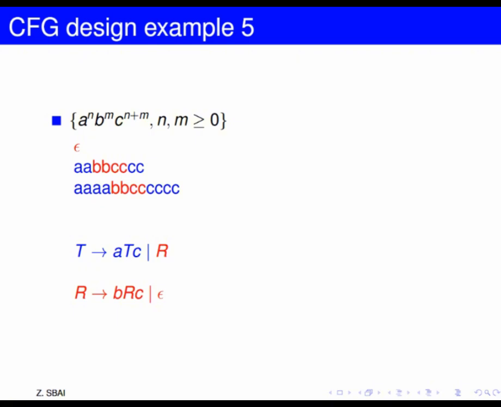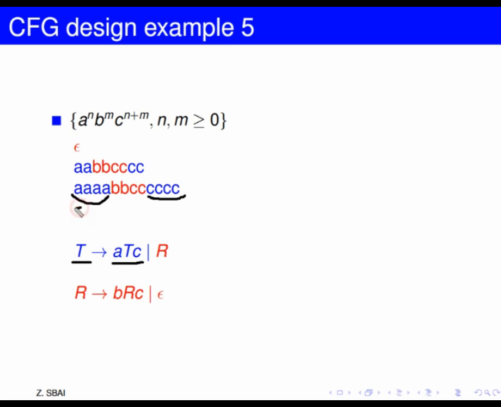So here, it's easy to see that we can read the A's in the beginning and allow for the same number of C's at the end of the string. For this, we may write this rule. A variable T will be substituted by aTc.